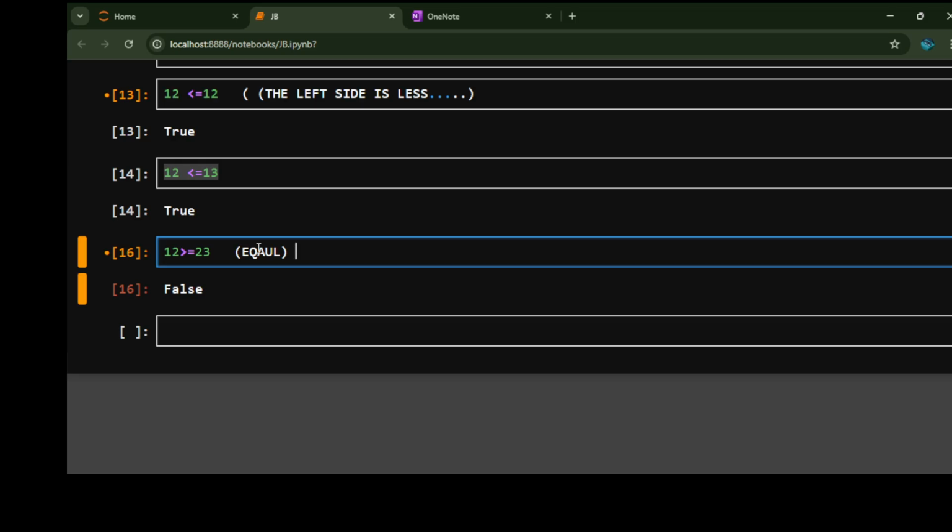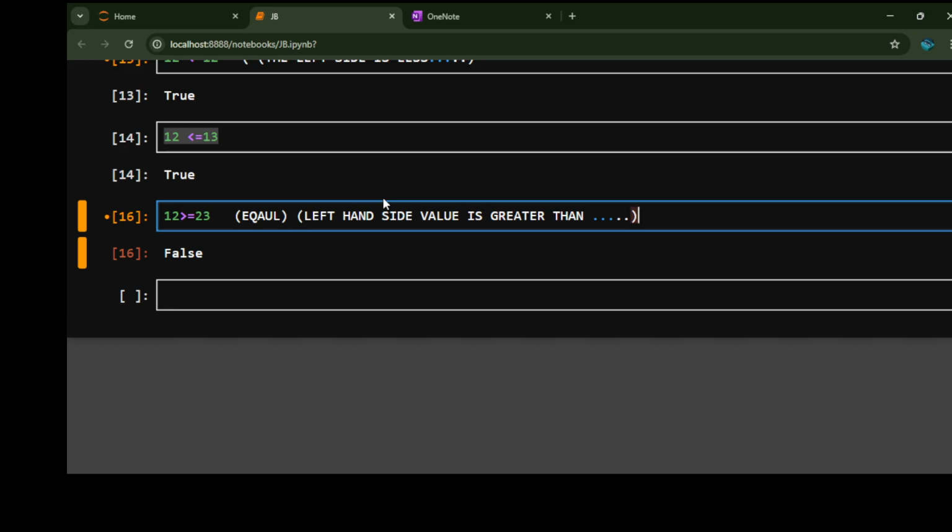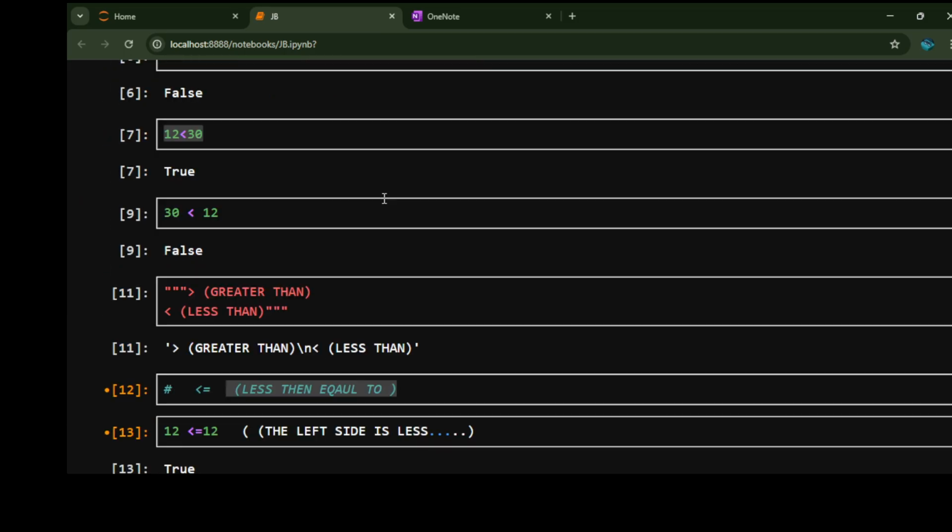And the second logic is whether the left hand side value is greater than the right hand side value.